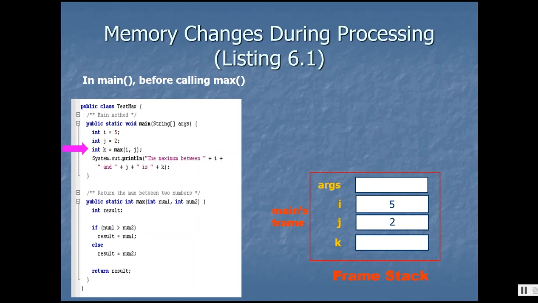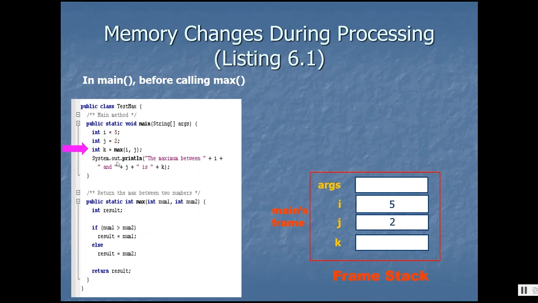When you have primitive data types, what's in the variable is actual data. Here we have the number 5, and here we have the number 2. And if I was going to be really accurate about this, you wouldn't see k yet in the debugger, because we haven't even executed this statement. But let's just imagine that there is going to be a k, and it's going to have a value in it at some point. So that's what we have in main's frame at this point.